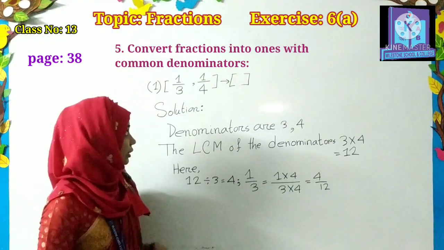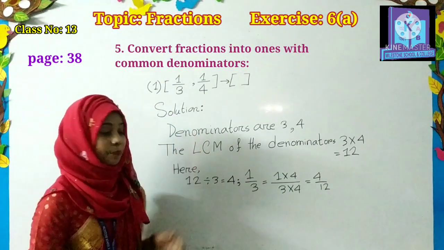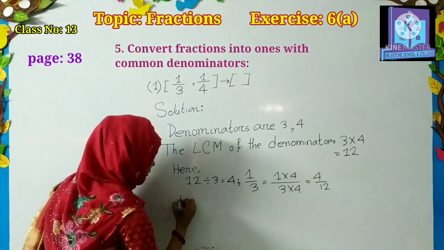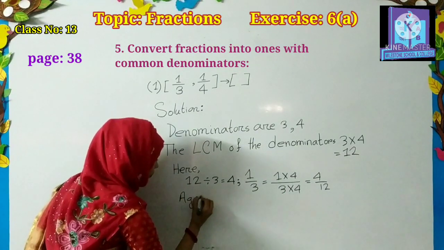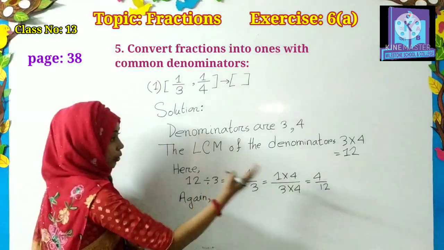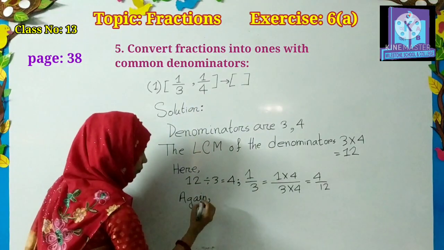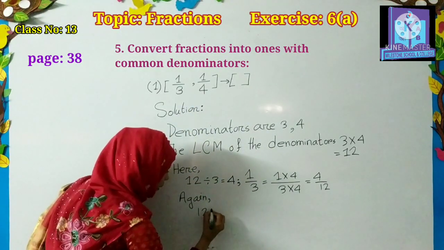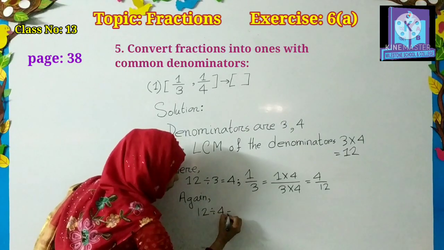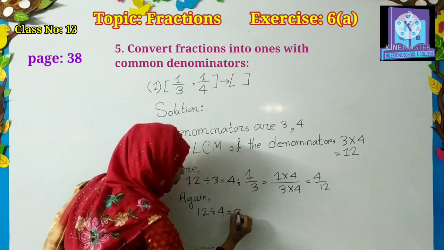Similarly, you can convert the second fraction. Again, 12 divided by denominator, it means 4. 12 divided by 4, it means 3.